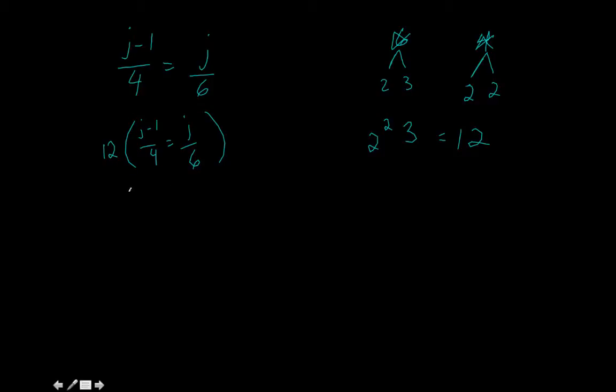Twelve over 4 is 3. 12 over 6 is 2. So I'm just clearing out, in this case it's just numbers, so we're just clearing it out that way. So 3j minus 3, that's distributing. Subtract 2j.